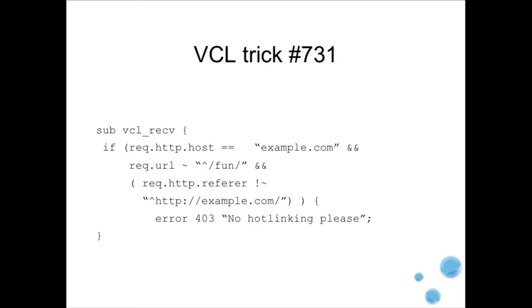Now again, we have never actually thought about hot linking at all, and suddenly Varnish had hot linking support, or was able to control hot linking, without us actually knowing what hot linking is. And that's quite cool.